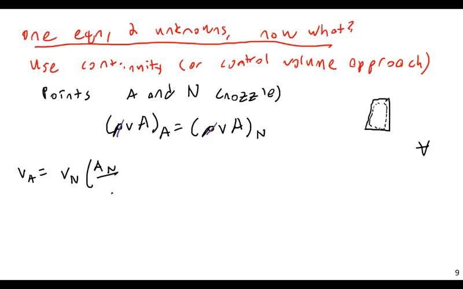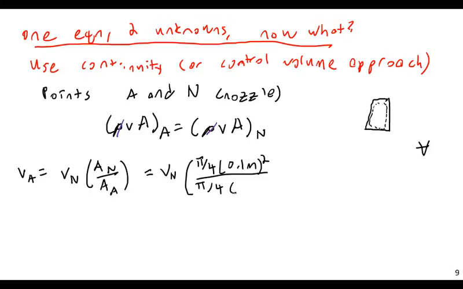VA is going to be VN times AN over AA. Some people may think I need AA, but that's another thing entirely. This is going to be equal to VN times simply the cross-sectional areas, which will be pi over 4 times the diameter squared, or 0.1 meters squared over pi over 4 times 0.2 meters quantity squared, or simply Vn over 4.